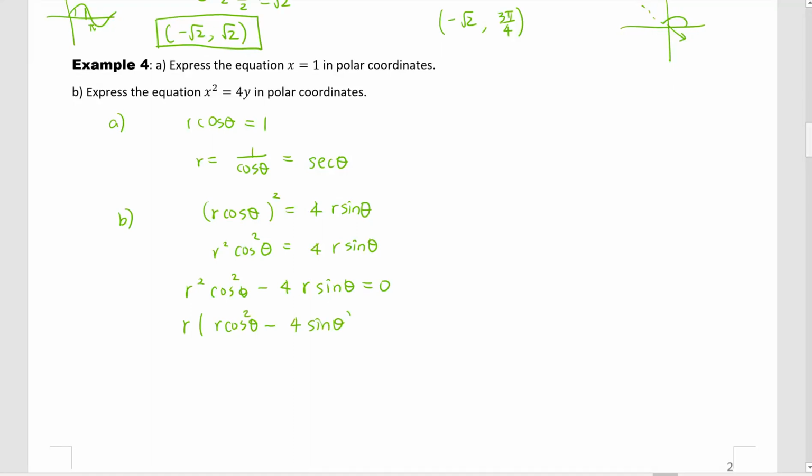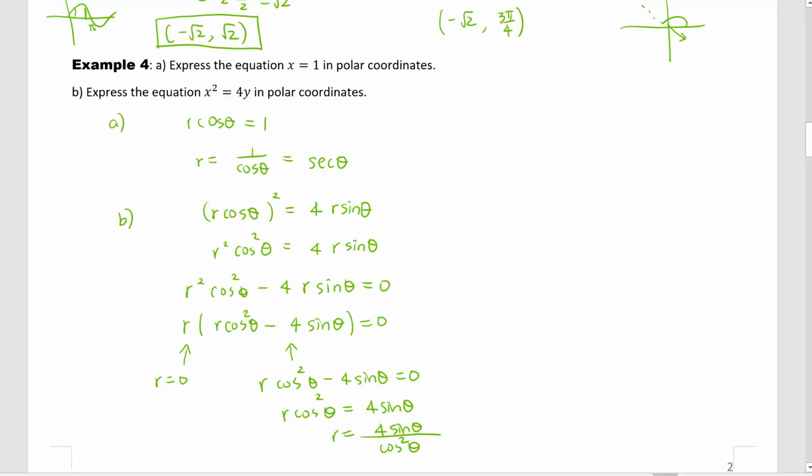So this is the product. Okay, and what happened? Here we want to make it interesting. This factor gives us r equals 0, and for the other factor we get r cosine squared theta minus 4 sine theta equals 0. So r cosine squared theta equals 4 sine theta, and r equals 4 sine theta over cosine squared theta.